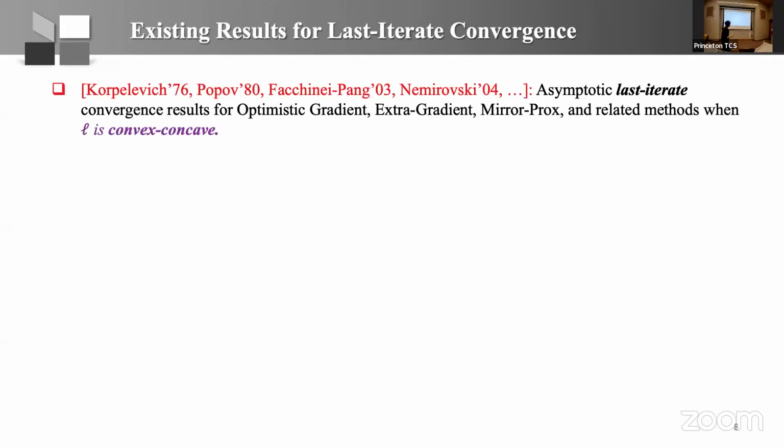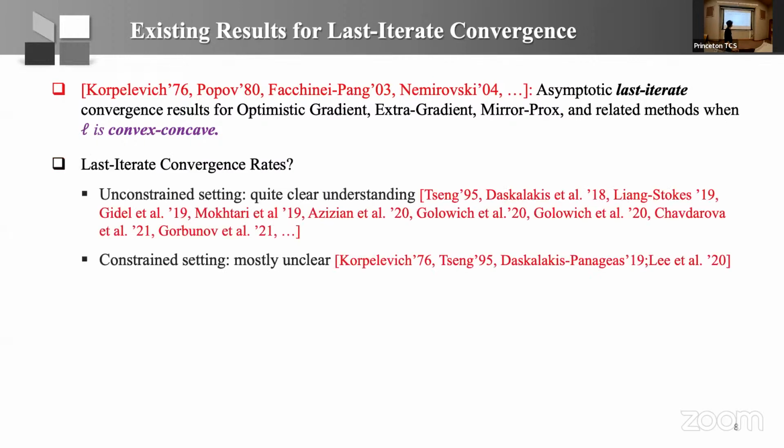Let me tell you a bit about what people know about these algorithms. Even in the very classical original paper that proposed these methods, people already knew these algorithms converge asymptotically. So in the limit, they do converge. But what about rates?